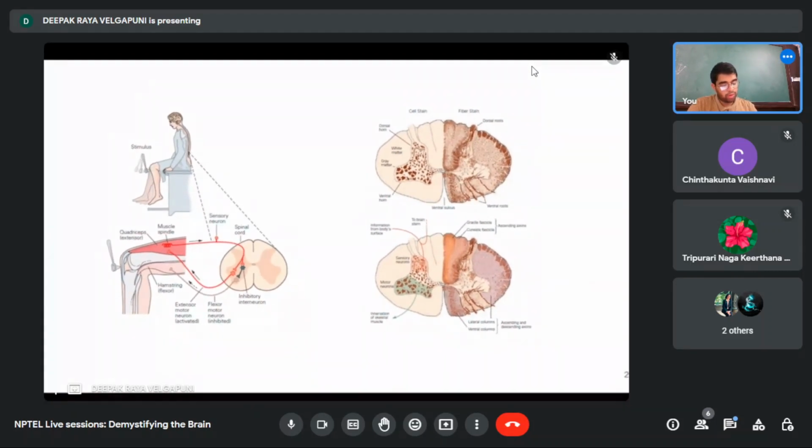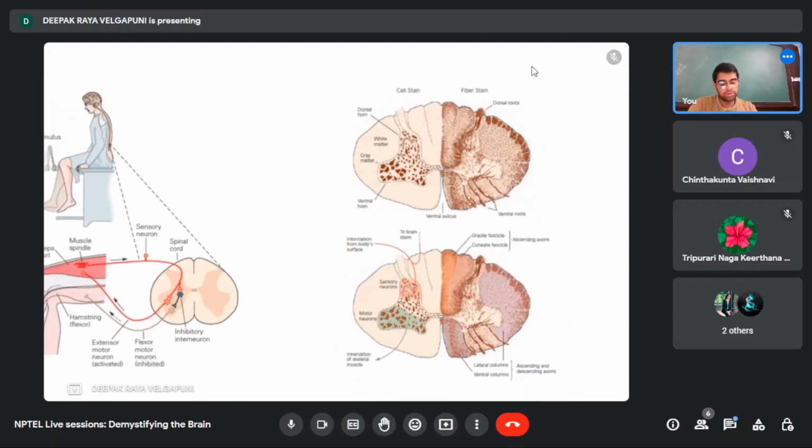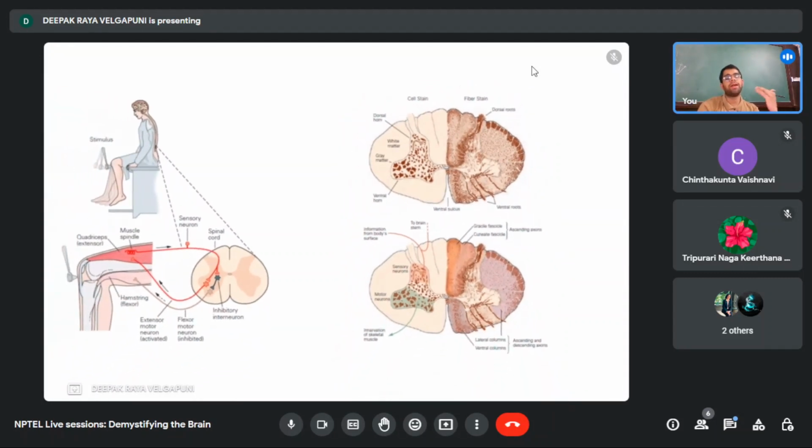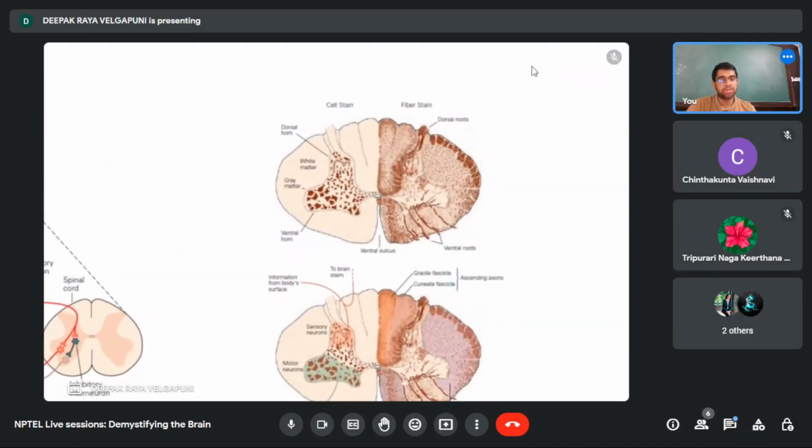So what happens in the spinal cord is, here you can see the white matter. We know that in the brain the white matter is inside and gray matter is on the superficial layers. But this reverses in the case of the spinal cord because more cell bodies are on the central side, and therefore gray matter is inside and white matter is outside.